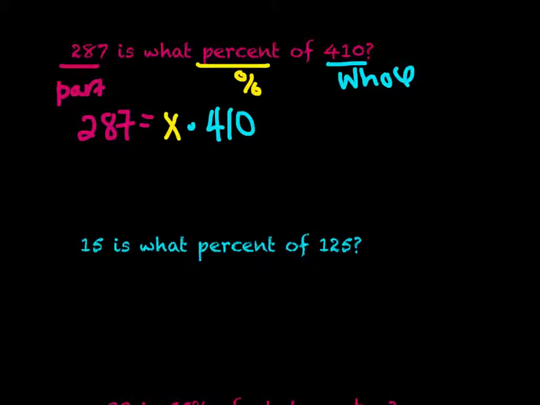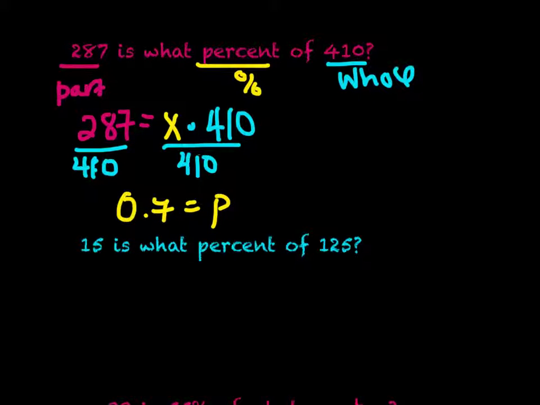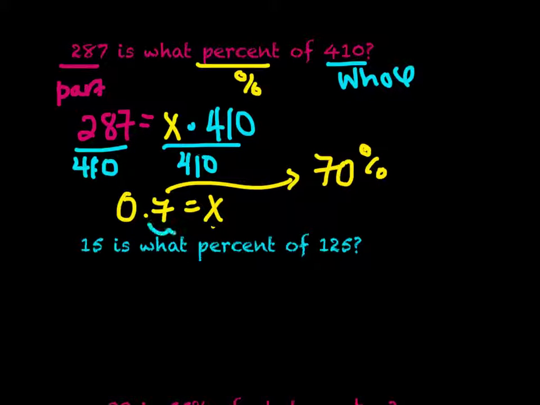If we divide by 410 on both sides, 287 divided by 410, we end up getting 0.7 as our x. So 0.7 as x is 70%, because we're just moving the decimal point over two places.